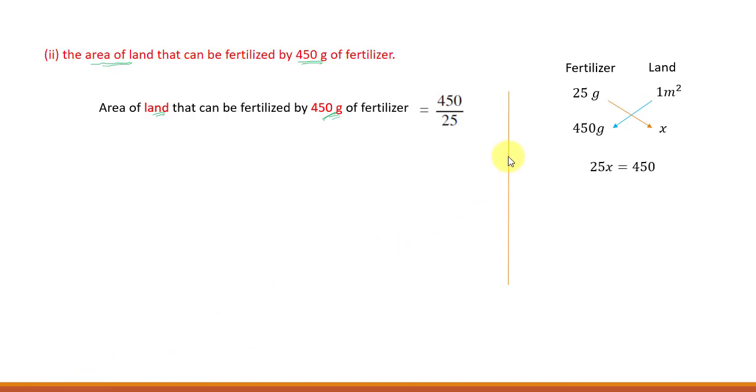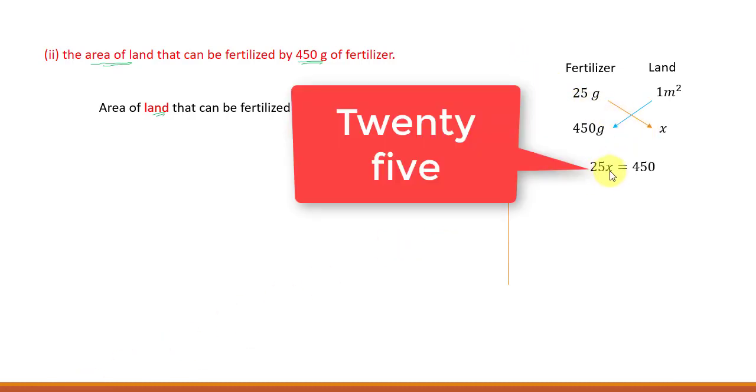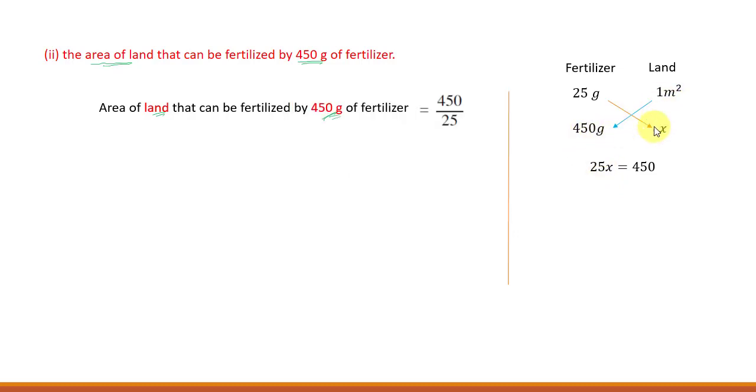So that will be 25x, and 450 into 1, that will be 450. 25 is multiplying with the x over here. When we shift it to the other side, it will divide. So 25 will be divided over here. So x, that is the land, is 450 by 25. That's how we got this value over here.